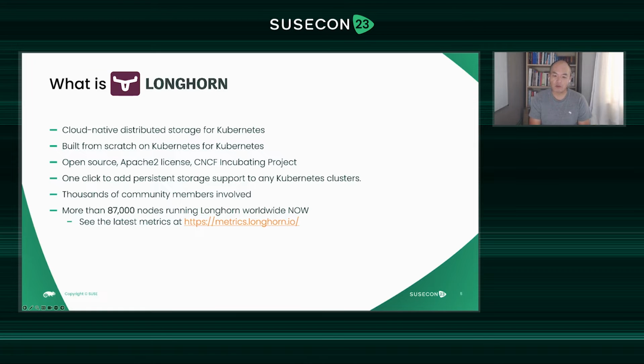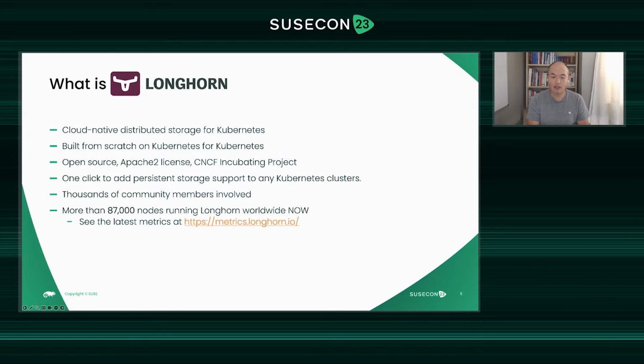Longhorn is open source, as always with the things we do at SUSE, under the Apache 2 license, and also a CNCF incubating project. In fact, the Longhorn trademark and the project are owned by the CNCF to ensure the neutrality of the project. SUSE is the primary sponsor for Longhorn, so we are really working hard to bring Longhorn to our customers and want to see the success of this project.